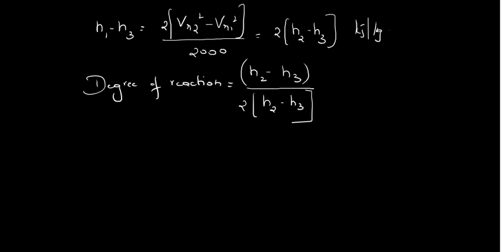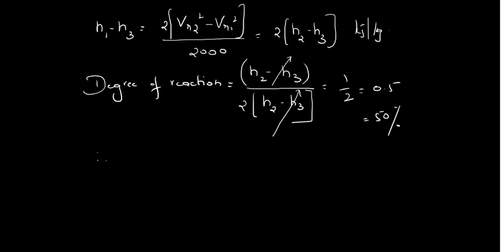So H2 minus H3 divided by 2 times (H2 minus H3). Can I cancel out these terms? Now what am I left with? 1 by 2. It is nothing but 0.5. If I want to represent it in terms of percentage, it will be 50.